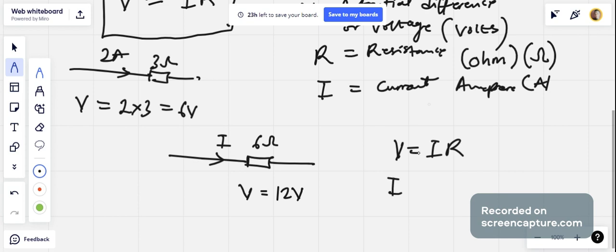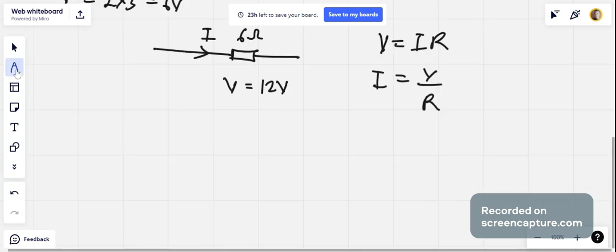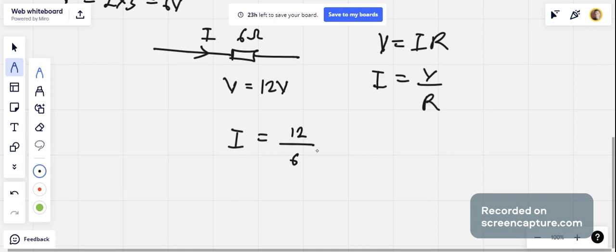If you make I the subject of the formula, it will be V divided by R. So I will be equal to V, which is 12, divided by R, which is 6. 12 over 6 is 2 amps.